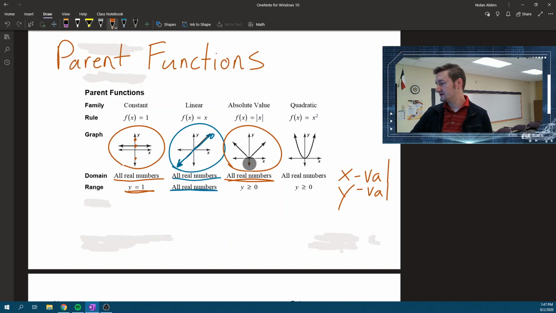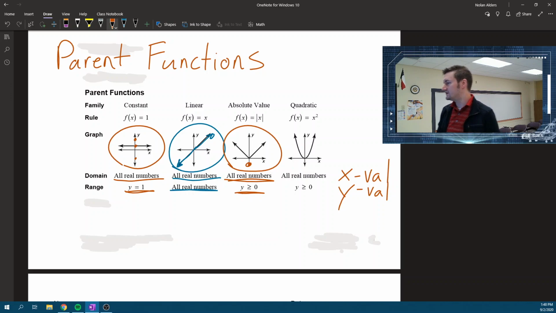Notice that this function never goes down here anywhere. So we say that the y values start at 0, it looks like, and then they go up forever. So we would say that the range is y is greater than or equal to 0. It starts at 0, and then it goes up forever.